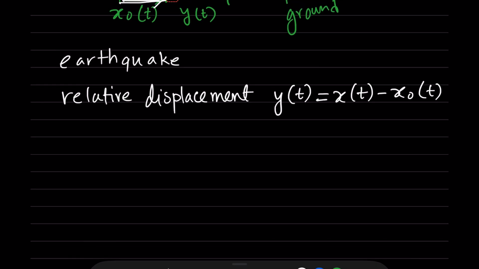And this relative displacement is governed by this equation, which is a differential equation. I will not show you how to derive this equation right now, but I'm just going to show you.